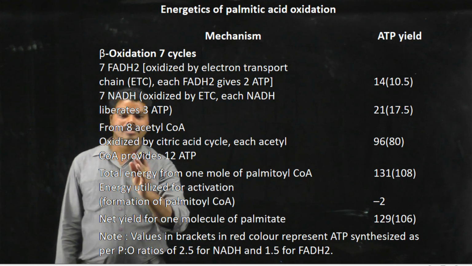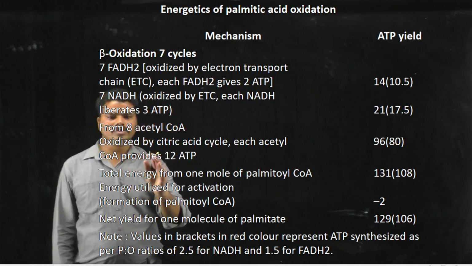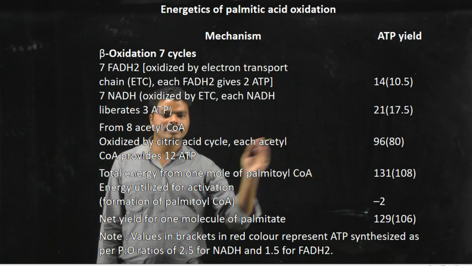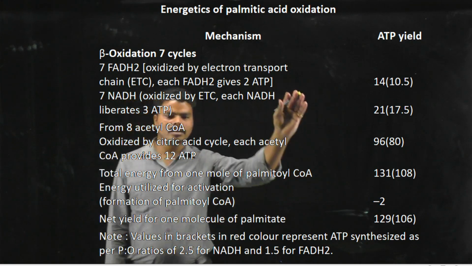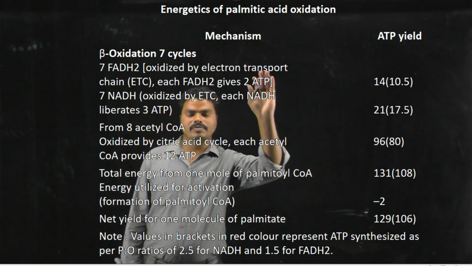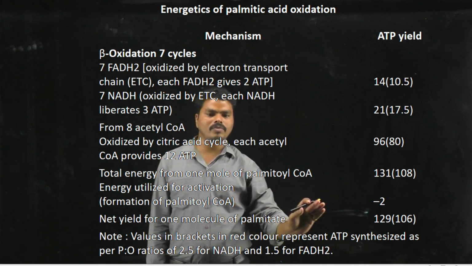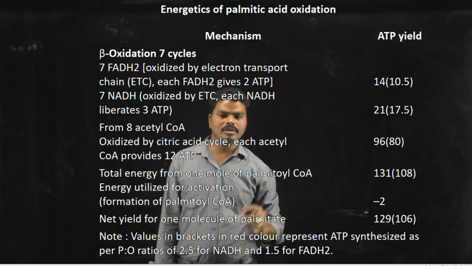So 8 multiplied by 12 gives 96 ATPs. So the total energy produced during the conversion of palmitic acid to carbon dioxide and water is 131 ATPs.